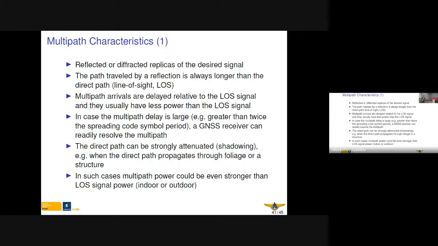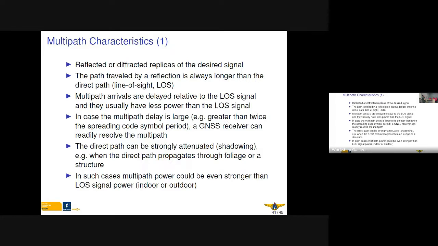So if the multipath signal is delayed more than 2 symbols of the chip of the spreading sequence, we have quasi no influence of the multipath anymore. So only the shorter delays are relevant to the problem of synchronization in our case.